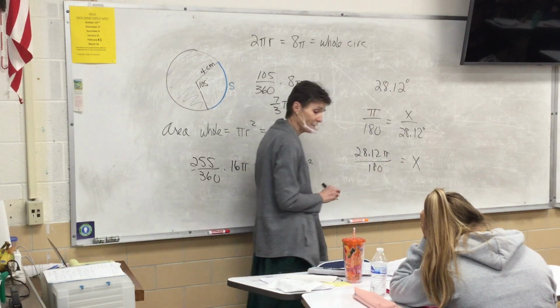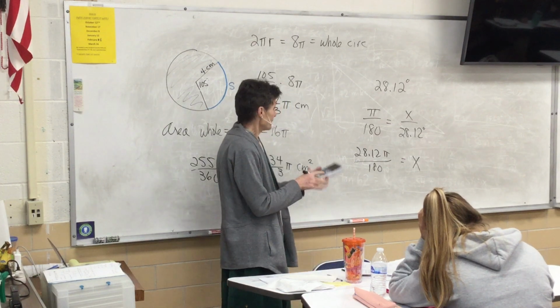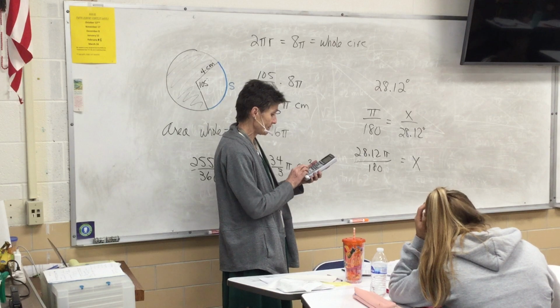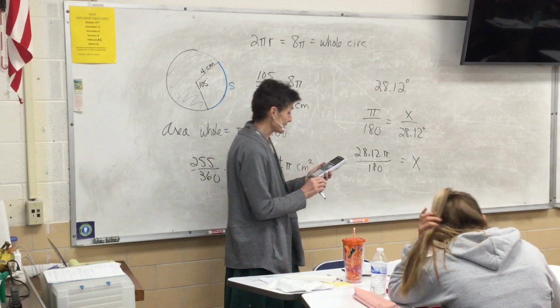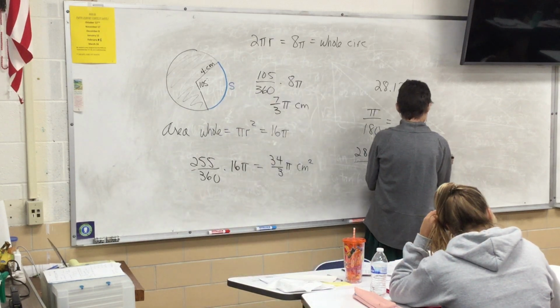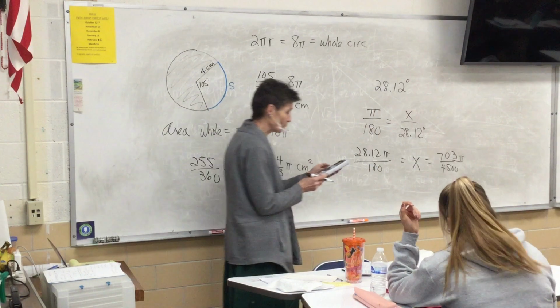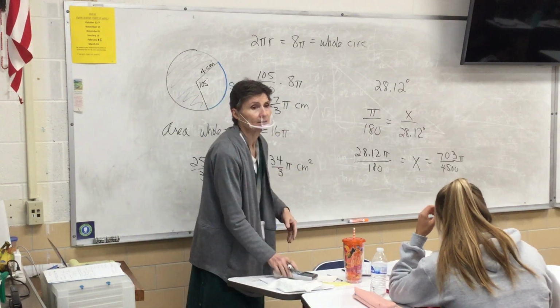Again, I'm going to leave my answer exact, so I do 28.12 divided by 180, math frac that. Oh, yucky. It's 703 over 4,500 pi. So that would be my exact answer.